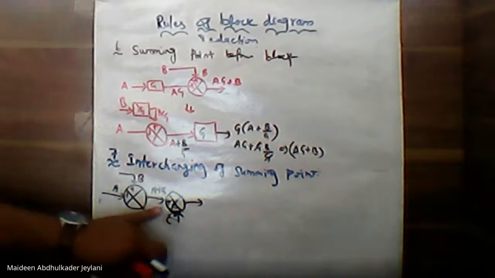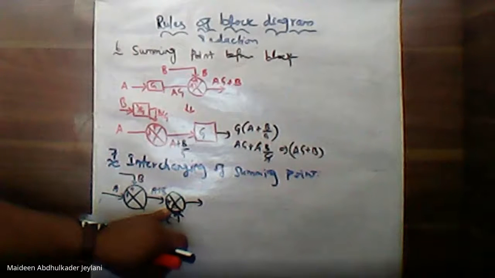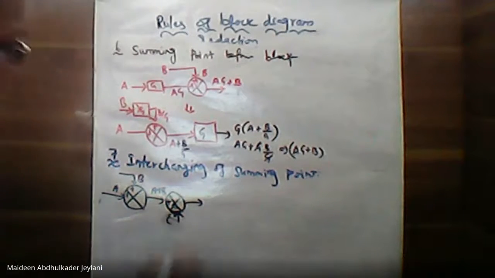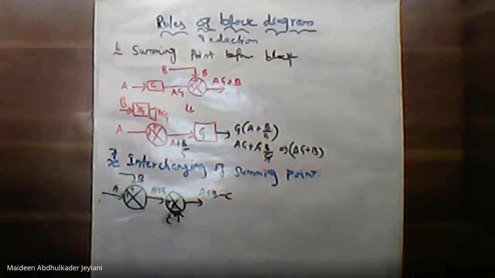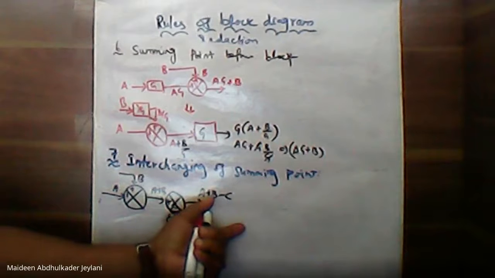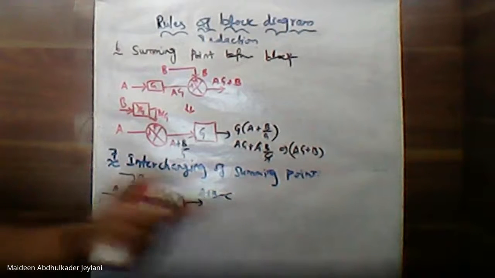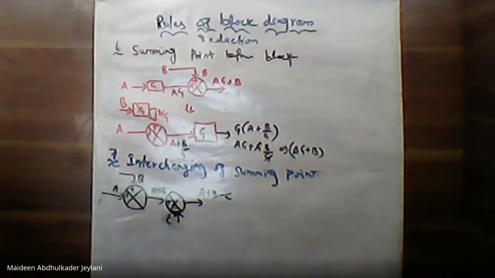This is positive and this is negative, so we have A plus B minus C. Now, without affecting this response, we need to interchange the summing points.